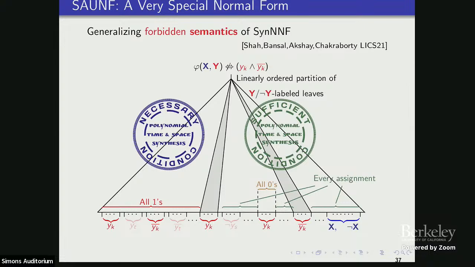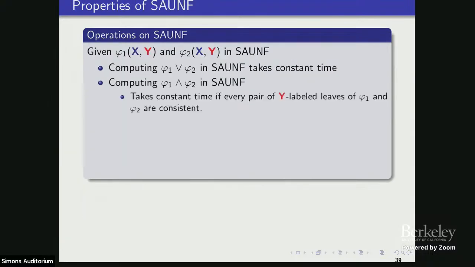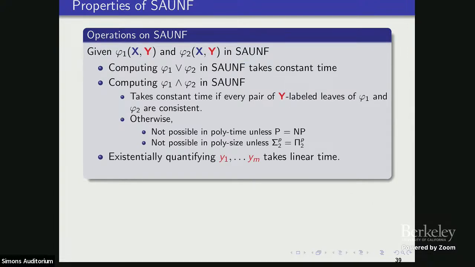So this is just polynomial time away from any other representation class which allows efficient synthesis. So in that sense, it's also a necessary condition. And of course, this also enjoys some nice properties. I'll just skip those in the interest of time.